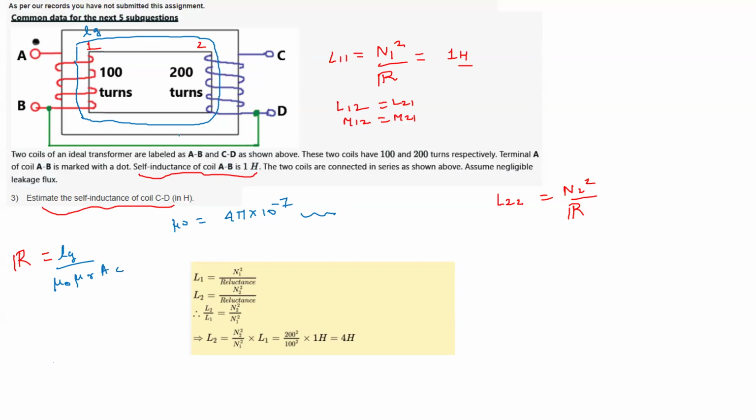So the cross section is this cross section.